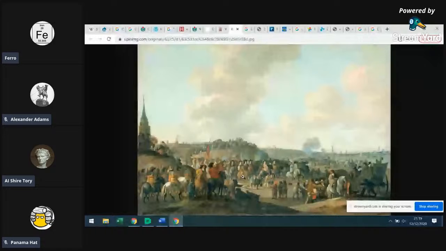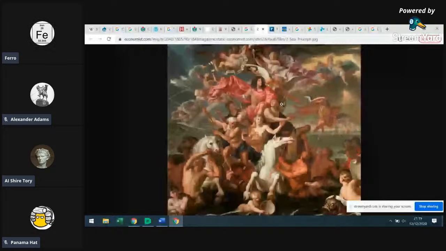I don't know how I feel about this painting, because it's ridiculous and over the top, almost camp, but it's quite funny at the same time, and it's obviously well rendered. This is the quite famous Charles II in his Sea Triumph. So you can see Charles II, he's almost a god here. He's got an angel holding up his crown, almost like a Caesar.